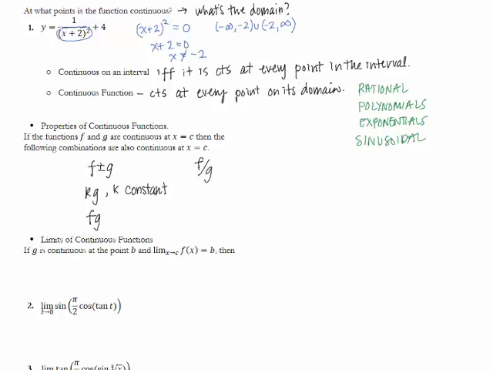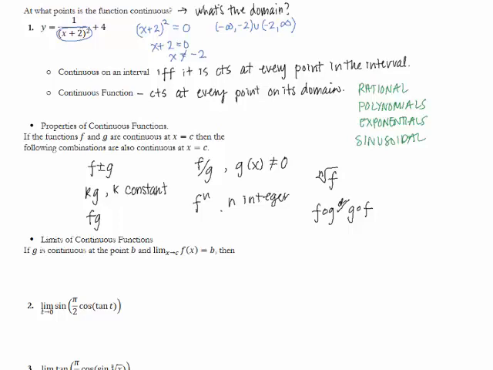Two continuous functions as a quotient are continuous as long as the denominator is not 0. The power of a continuous function for an integer power is also continuous. The nth root of a continuous function, still continuous, provided that we can take this root, and even the composition of two functions, f of g or g of f, that you might remember, are continuous.